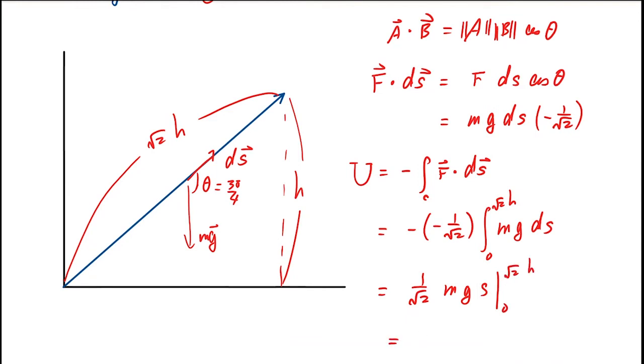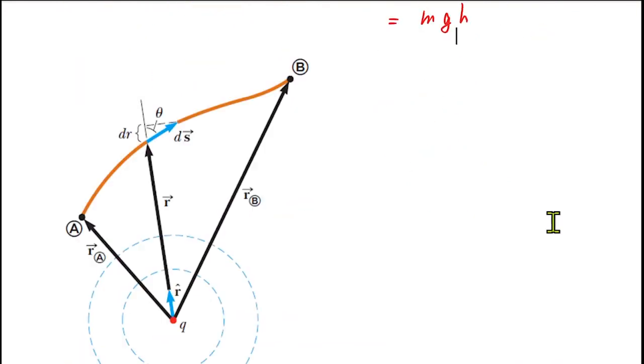Substitute, root 2 cancels, so we get mgh back. Do you see these two are equivalent to what we just did? We can find the parametric equation and the vector function, take a derivative, dot it with our field, and compute the integral that way, or we can just use the angle between the two and the cosine term. Good?